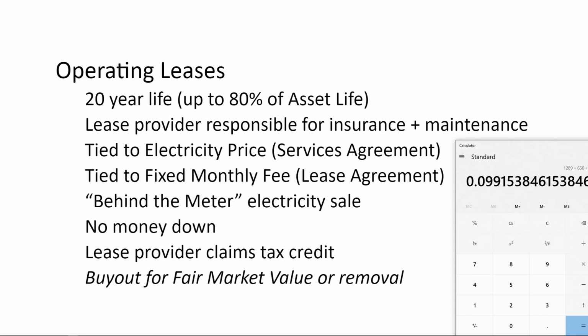One way to design around that is to associate the savings or the benefit with a fixed monthly fee rather than tying it directly to electricity pricing. But both can be accomplished.